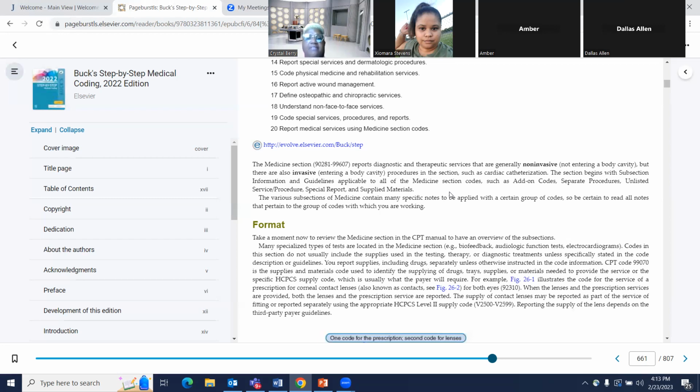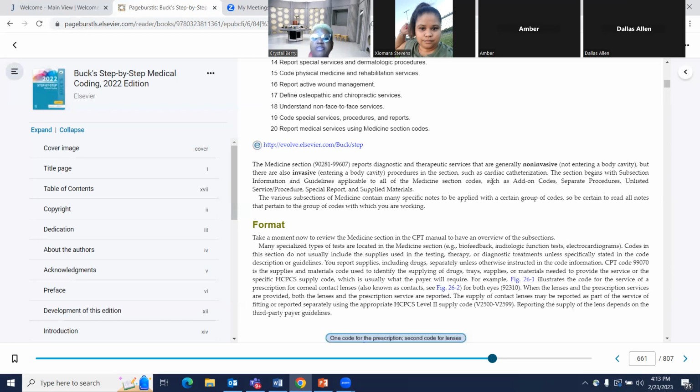So it says the medicine section is 90281 to 99607. It reports diagnostic and therapeutic services that are generally non-invasive. Non-invasive means not entering a body cavity, but there are also invasive services, meaning entering a body cavity, in the section, such as cardiac catheterization.